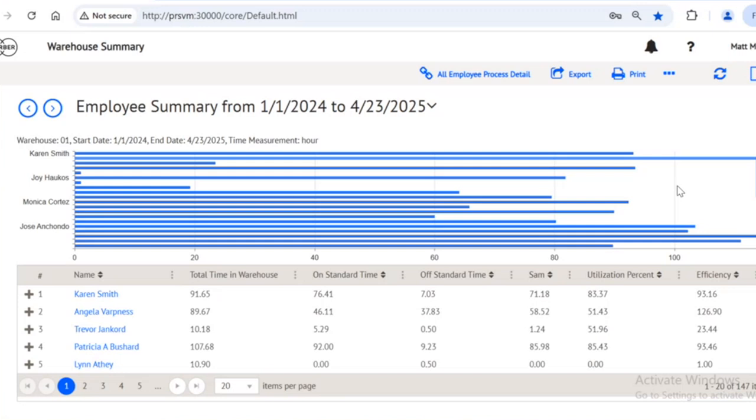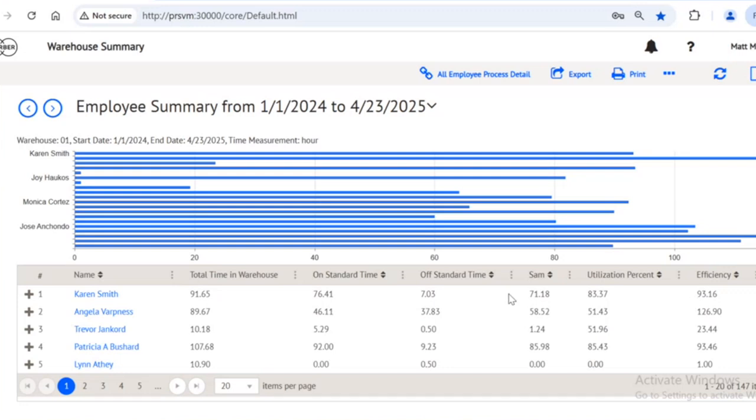For example, right here, I can see one user coming in just below that 100%. It's important to be able to see what that user is doing, where they're going in our facility, so we can better understand how we're coming to that number.